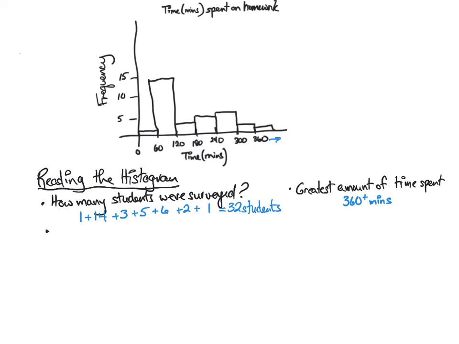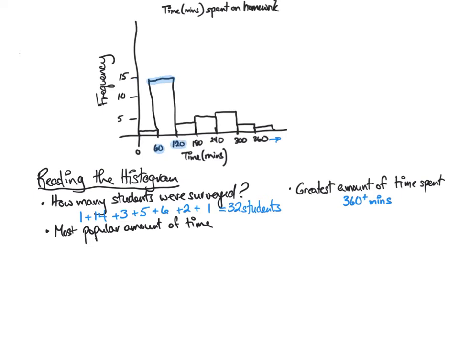How about most popular amount of time? So in looking for this, I'm looking for the one that is the highest. My highest is here. And so I have to recognize how to read this. It starts at 60.